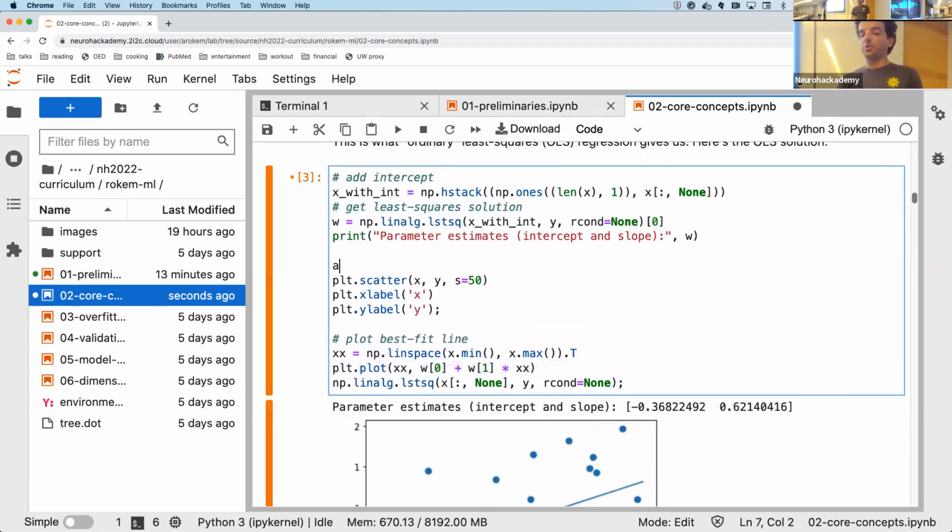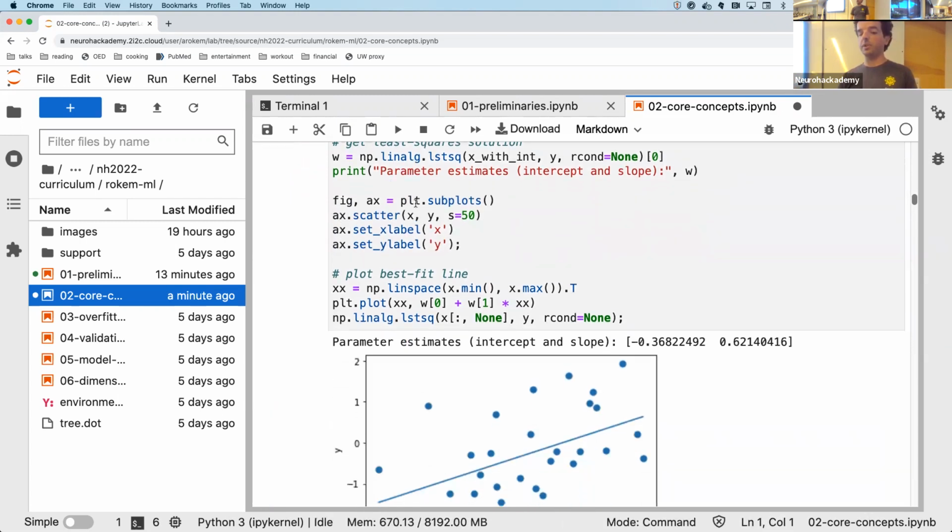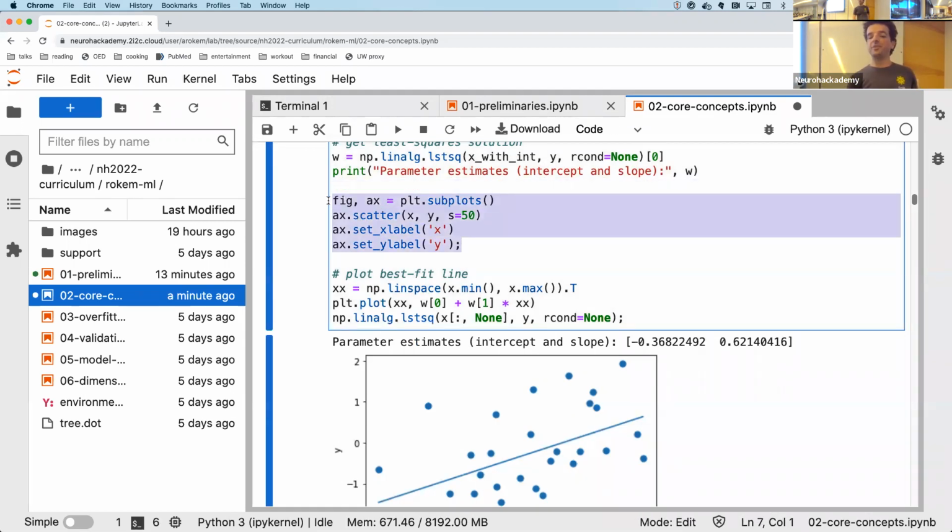I could have done what I told you earlier today to do, which is fig, ax equals plt.subplots and then replace these with ax.set_xlabel, ax.set_ylabel, and so forth. And that would have been probably a better thing to do. A lot of this tutorial will not necessarily follow that. It's kind of sloppy, but it's not the focus of the tutorial, so the plotting code is all a little shorter. But this would be the practice you would suggest? This would definitely be the practice that I would suggest. And maybe I should rewrite this tutorial to follow my own advice.